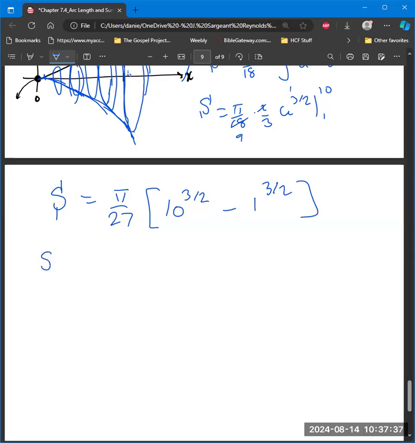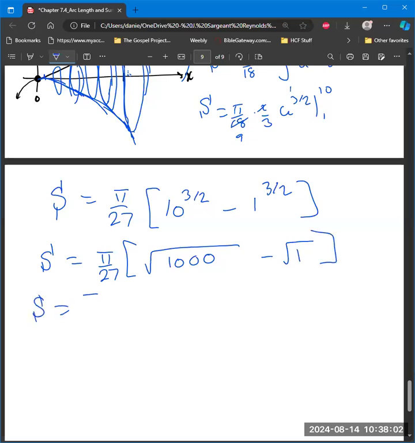And so S is exactly equal to pi over 27 times the square root of 1000 minus the square root of 1. S is pi over 27 times 10 root 10 minus 1. That is exactly what the answer is.